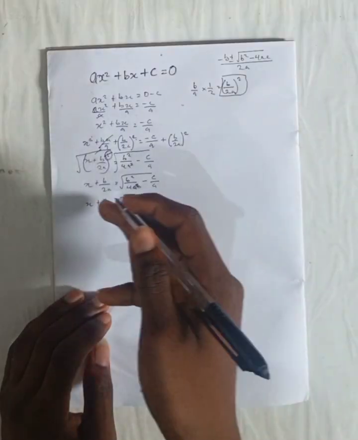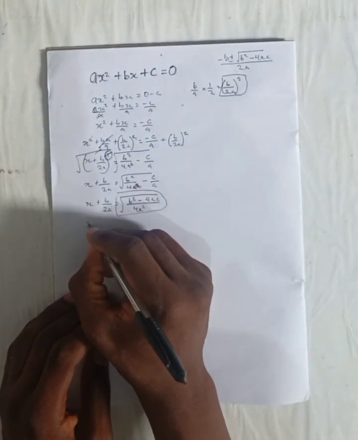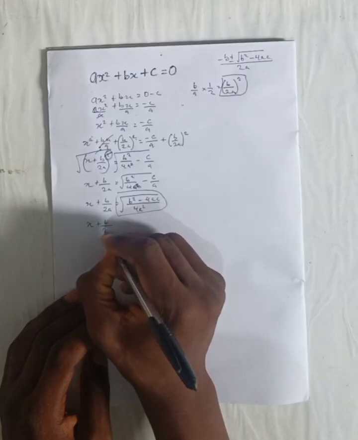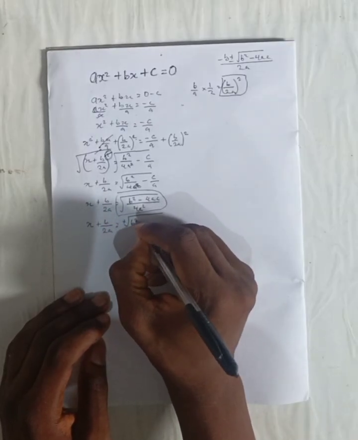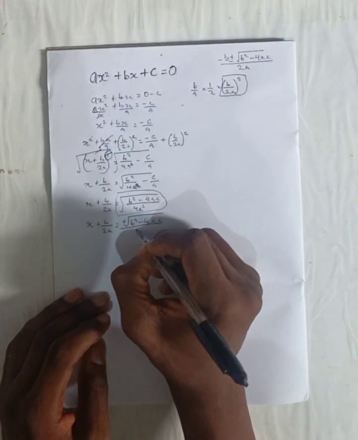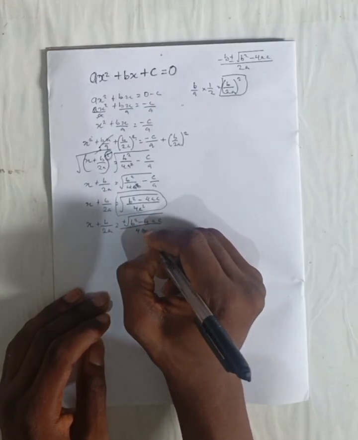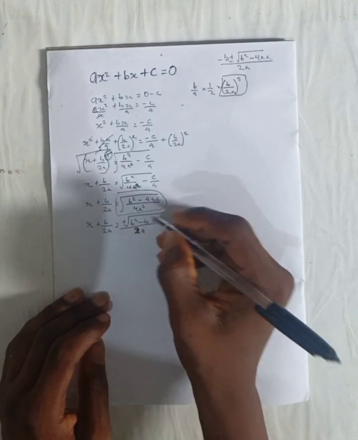You are going to do the square root of it. And do the square root of this, we're going to have x plus b over 2a equals plus or minus the square root of b squared minus 4ac over the square root of 4a squared. The square root of 4 is 2, sorry.